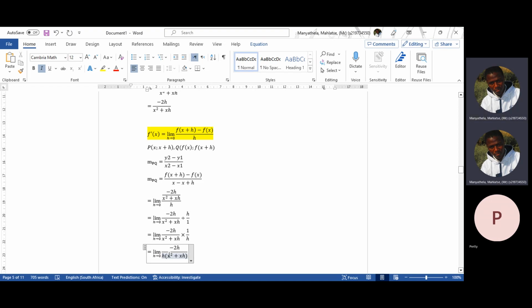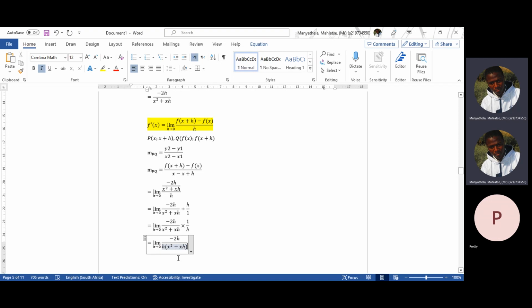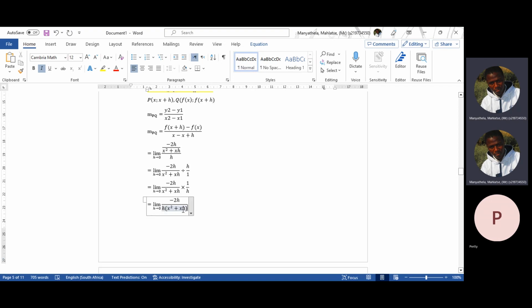So h will cancel h. Once h cancels h, every term that contains h after division, after cancelling h by h, you drop it, and then the answer will be equal to negative 2 over x squared, and then you also drop the limit as h approaches 0.